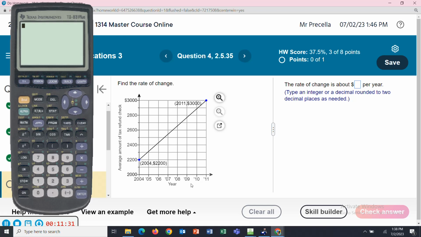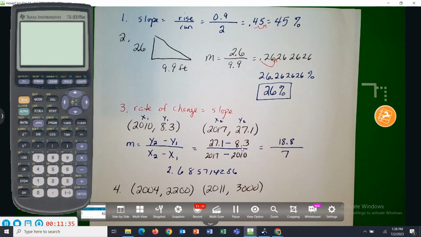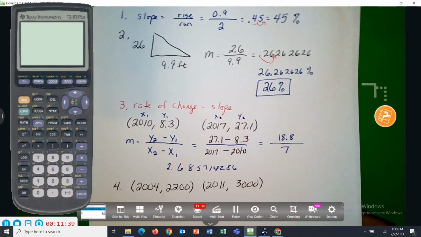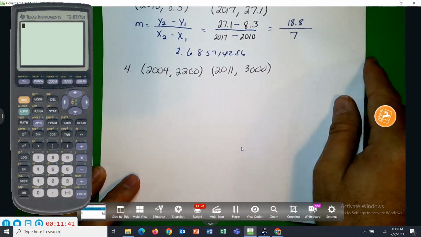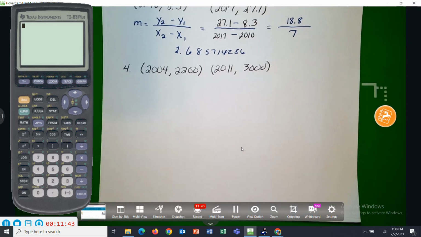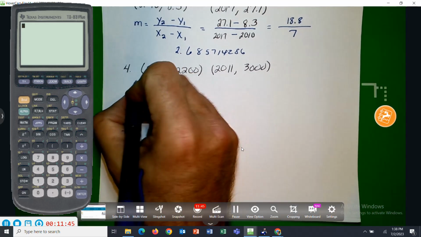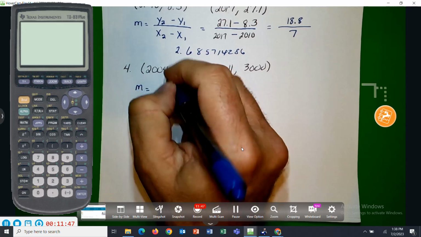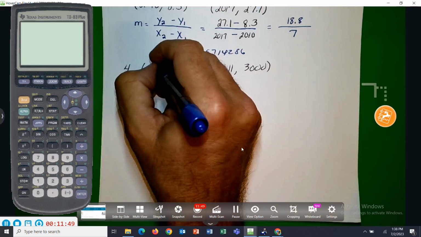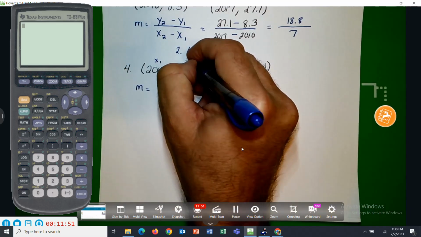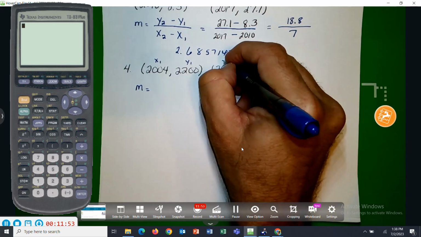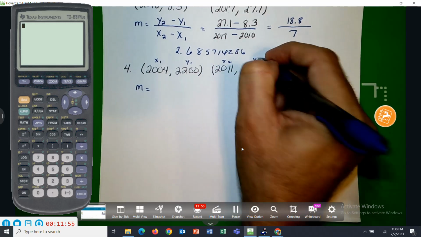So now it's just a matter of finding the slope. Let me move this up. So slope, doing the same thing we did over here. Rise over run. So I'll just call this first x, first y, second x, second y.